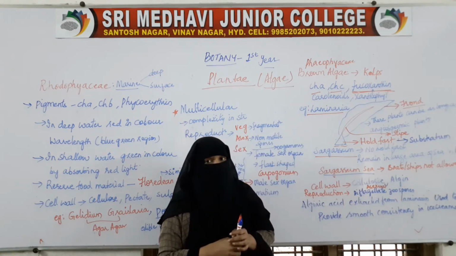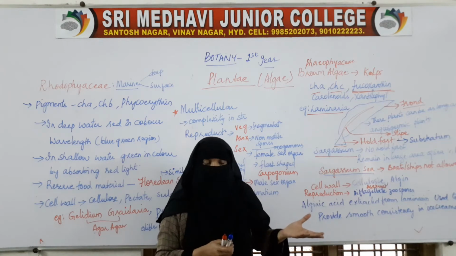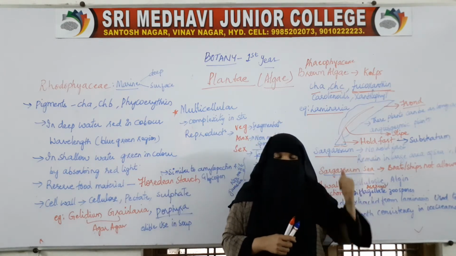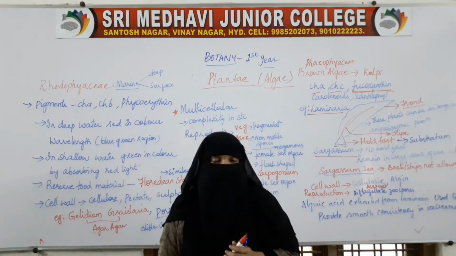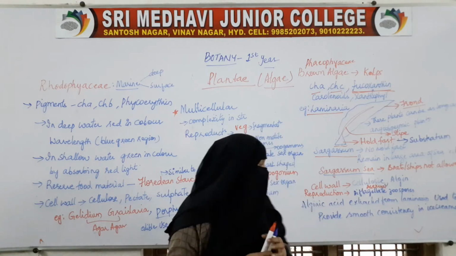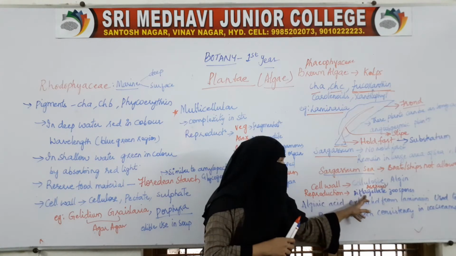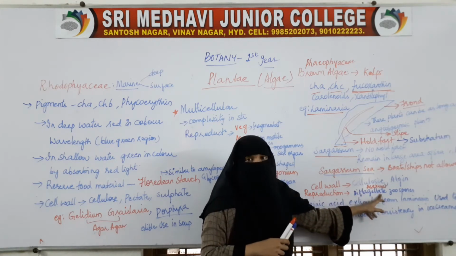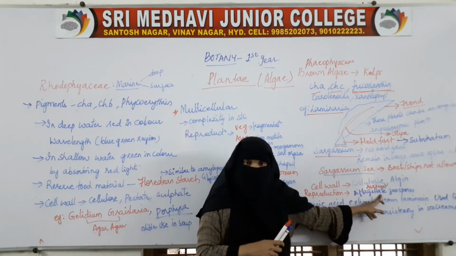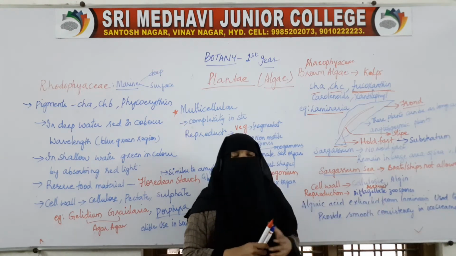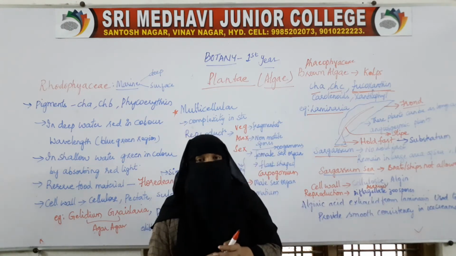Coming to mode of nutrition, it is autotrophic, because they have chlorophyll, they produce their own food. Now, coming to reproduction, they reproduce asexually by producing biflagellate zoospores, which have 2 flagella.